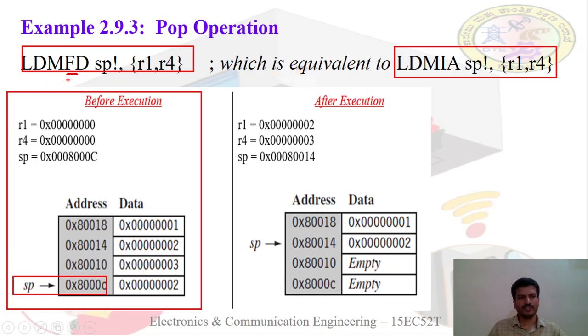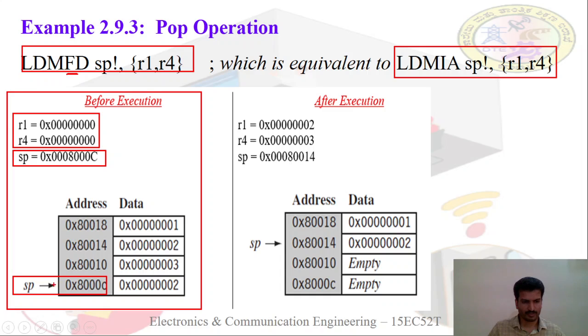Now LDM means load multiple registers. Load means memory to register. That is nothing but the pop operation. It retrieves the data from stack memory to register. The initial values of the registers before execution are 0, and the stack pointer address is 800C.